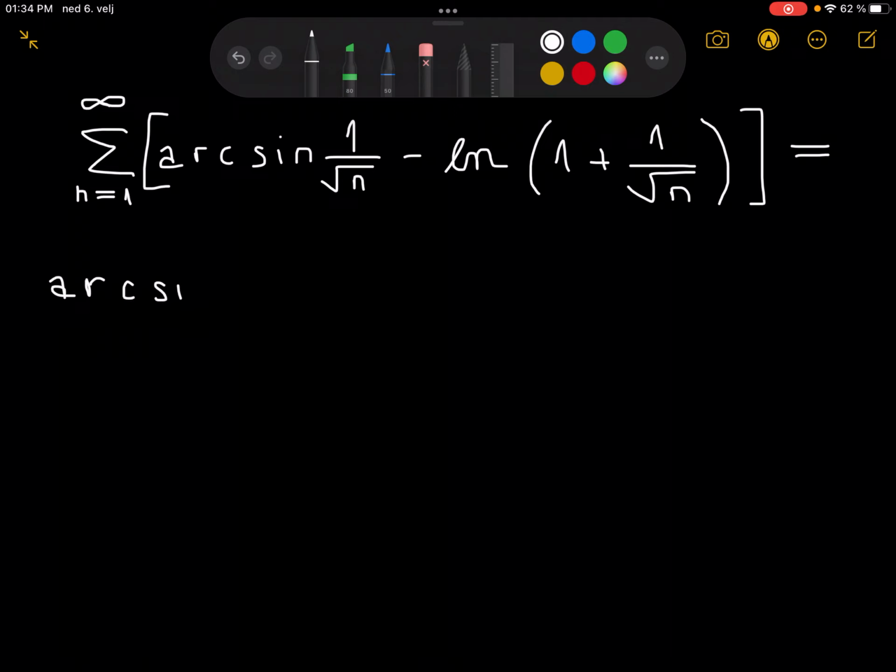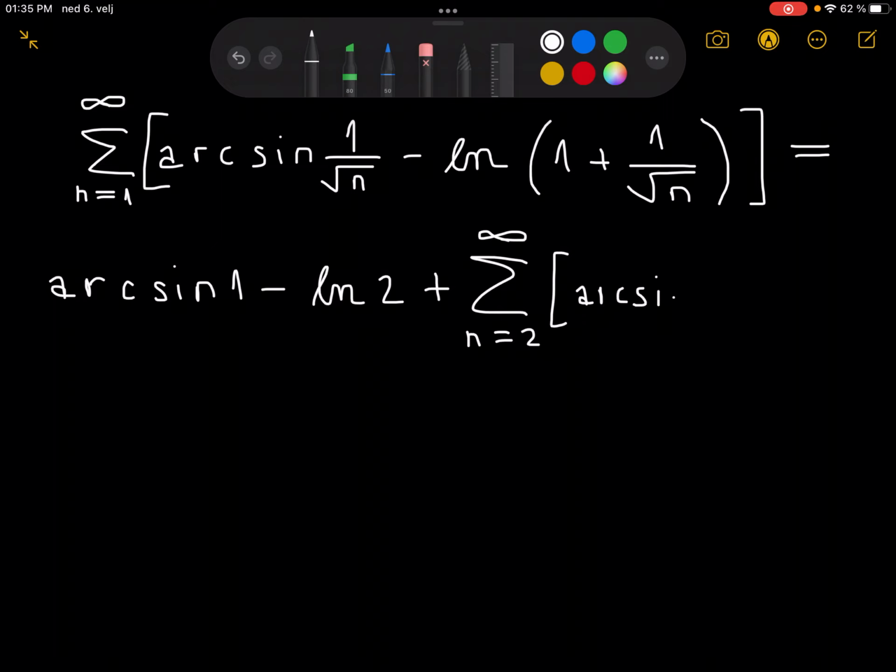So arc sine, when we put in 1, we'll get 1 over the square root of 1, which is just 1, minus ln, by the same logic, of 2, plus the sum as n goes from 2 to infinity of arc sine of 1 over the square root of n minus the ln of 1 plus 1 over the square root of n.